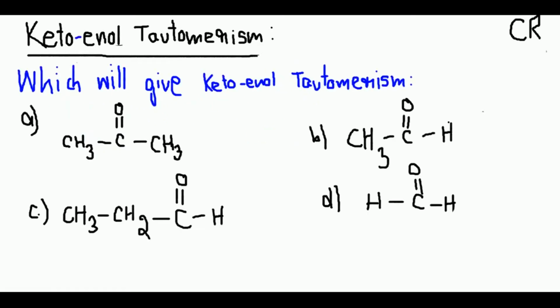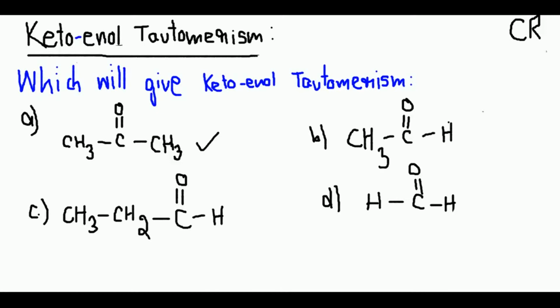So coming to our next example, it is a question in which you have to find which will give keto-enol tautomerism. In A, it is mainly decided on the presence of an alpha carbon atom. So here the alpha carbon atom, this is the functional group, and these two groups are alpha carbon atoms, and the hydrogen attached to it is known as alpha hydrogen atom. Therefore it has alpha hydrogen atom, so it will form keto-enol tautomerism in presence of H plus.